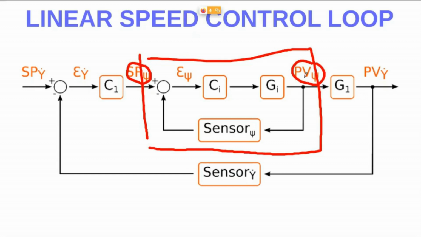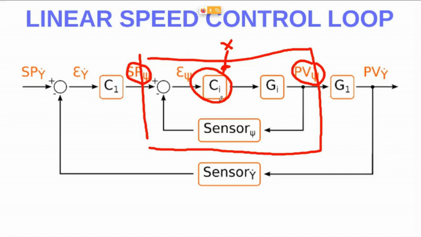We measure this, and this controller has not been tuned by us. This controller is by the manufacturer, so it is not of our interest. We admit that this controller has been perfectly tuned because this has been done by the manufacturer.